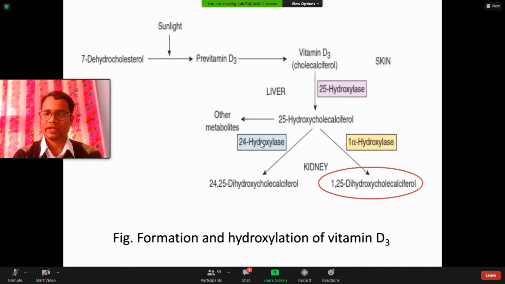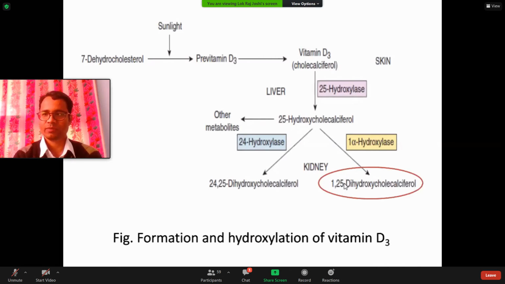Another reaction is catalyzed by 24-hydroxylase, and forms 24,25-dihydroxycholecalciferol, and this is not so active. Therefore, this reaction can also regulate the levels of 1,25-dihydroxycholecalciferol in the blood.